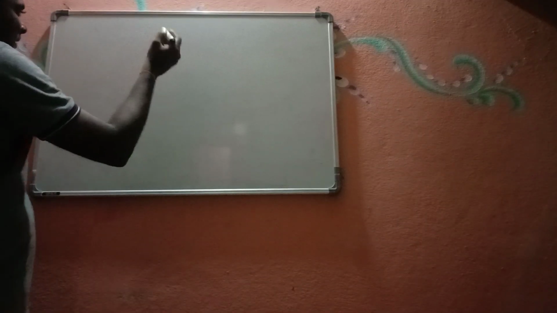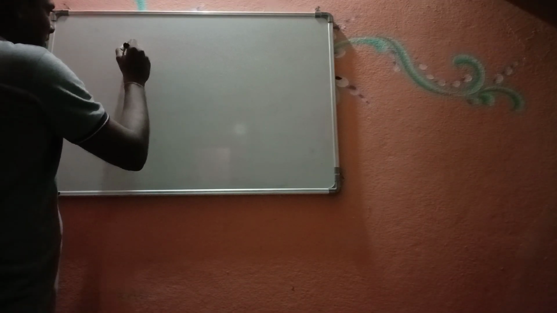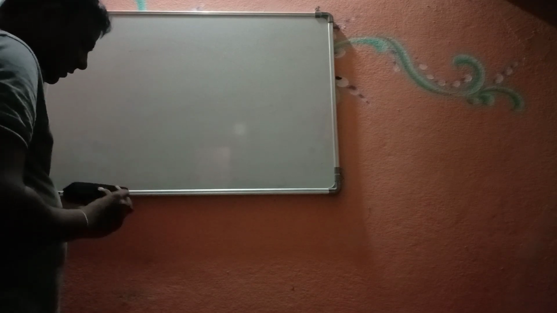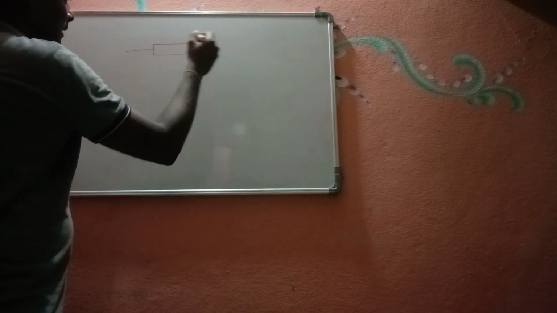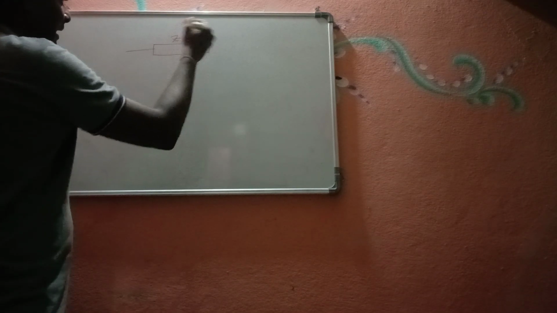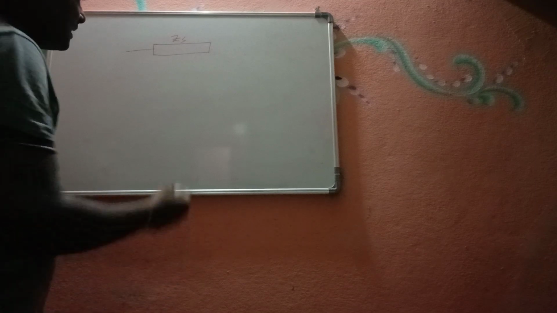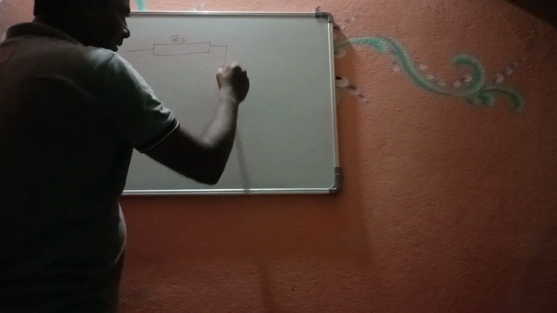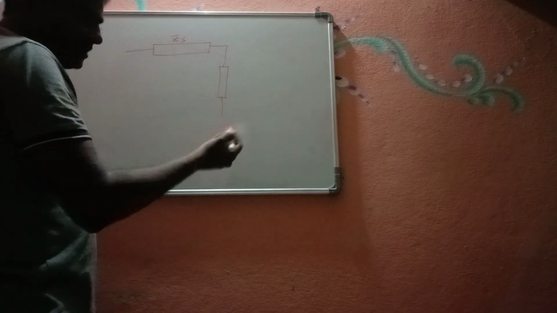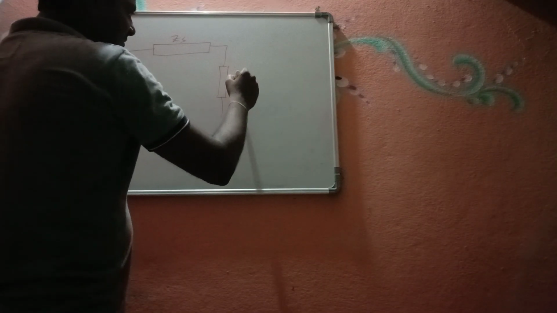That basic fundamental thing is, first we need to take the line, this is the line, and let us assume the line impedance as ZS, and understand that this line is terminated by a load. Assume that the load impedance is ZL.